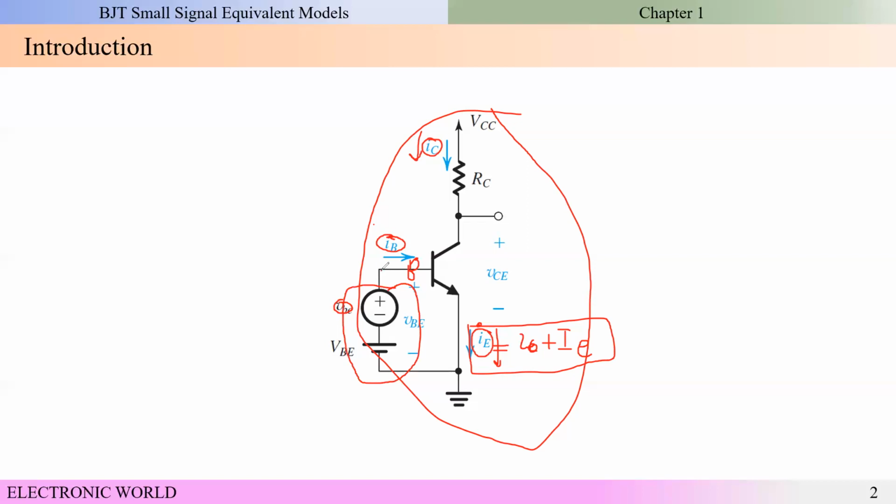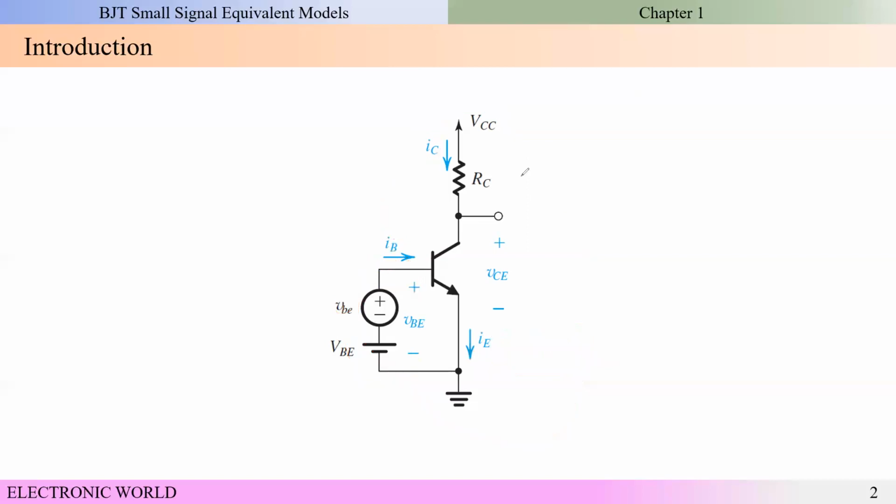Instead, we usually use a resistor. But in this case, we are connecting these voltage sources directly to the base terminal, so that's why this kind of circuit is known as a conceptual circuit.